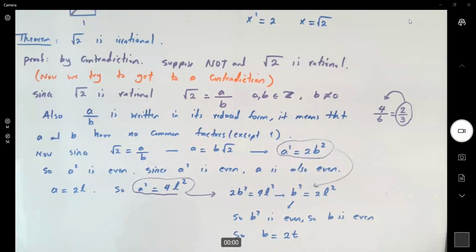Uh-oh, what happened here? Guys, my a is 2L and my b is 2t. a and b have a common factor.